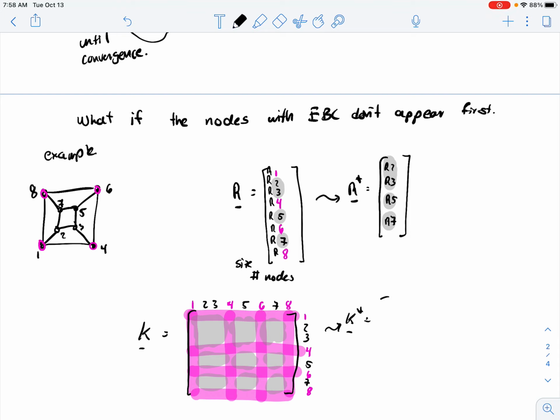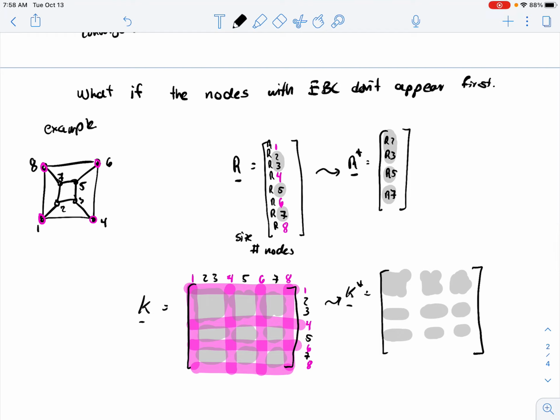You would have to assemble it in such a way that you end up with this reduced K star, because that's what you need for the iterations. So that would be the example.